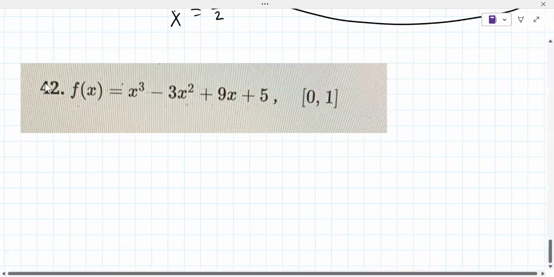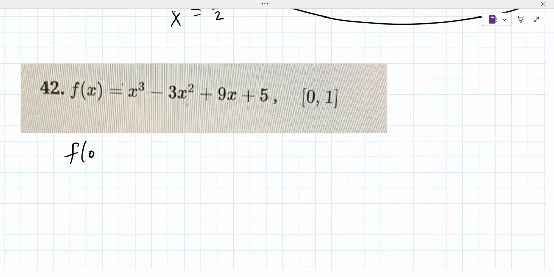Like, is it continuous? Is it differentiable? You also have to find f of 0 and f of 1. Okay, so I'd like you to do that for us, please.